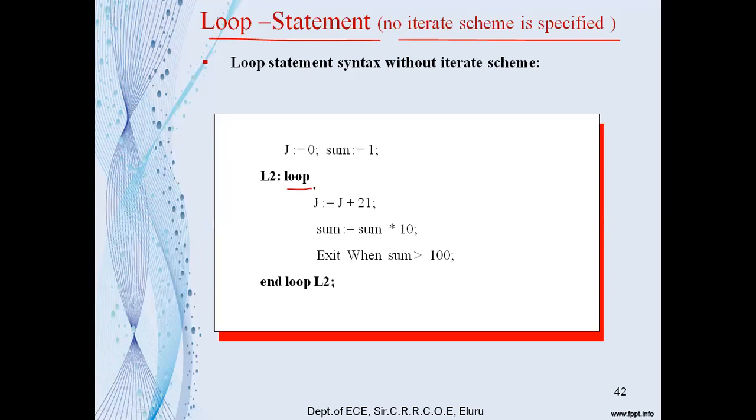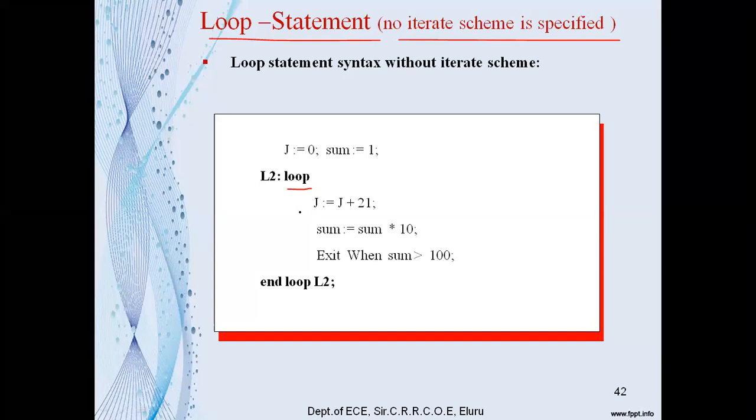In the previous two loops, we had a specified value for the iteration process, that is, how many times the loop has to be executed. But in this third one, there is no specific value for the iteration process.